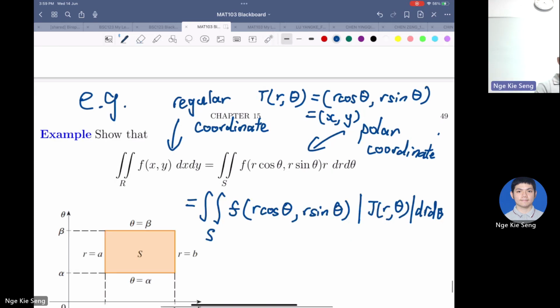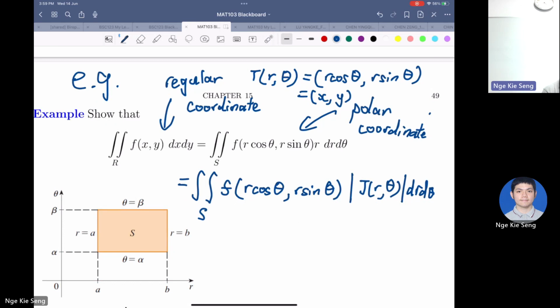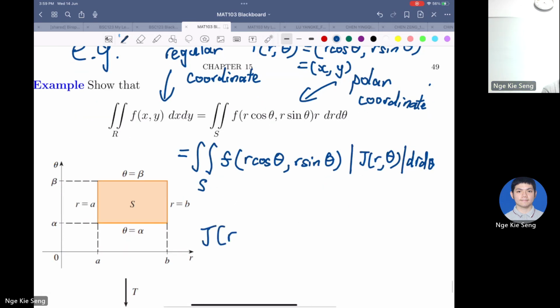So the problem now is, what is this Jacobian? Note that first of all, this Jacobian is a square matrix. Why is it a square matrix?